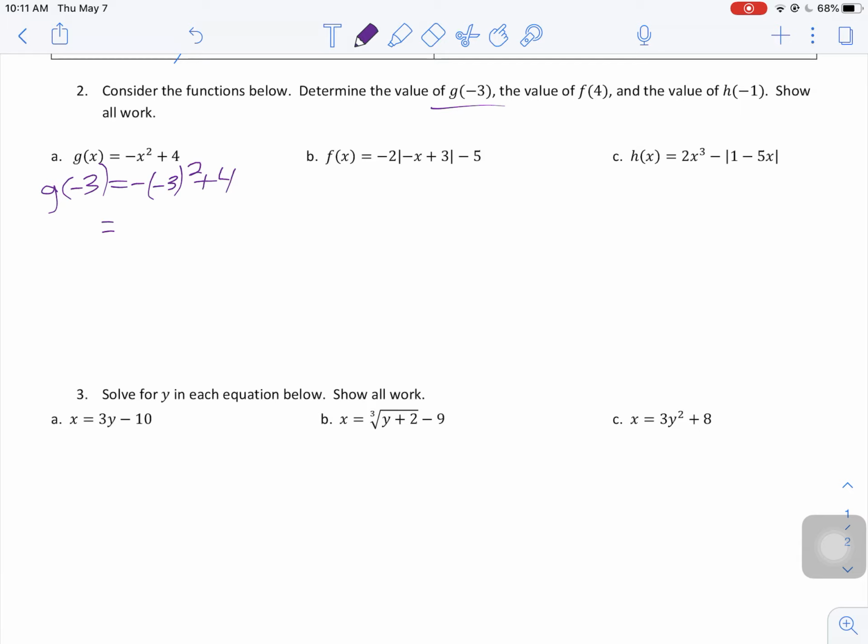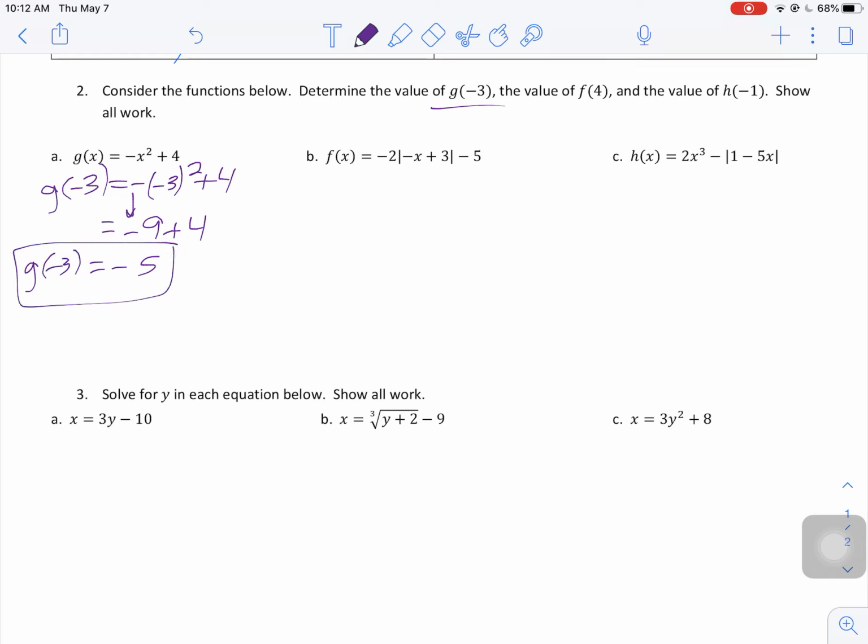So I have to do exponents first. So negative 3 squared is negative 3 times negative 3, which is positive 9. But then that negative sign right there drags down. And then negative 9 plus 4 is negative 5, and done. That would be the answer for part A.